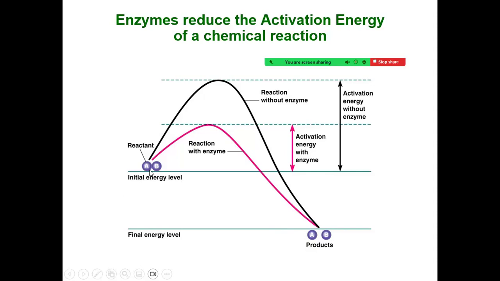However, to go from AB connected to A and B separate, you need to go through this energy hump. You must get this amount of energy for the reaction to proceed in the absence of an enzyme.